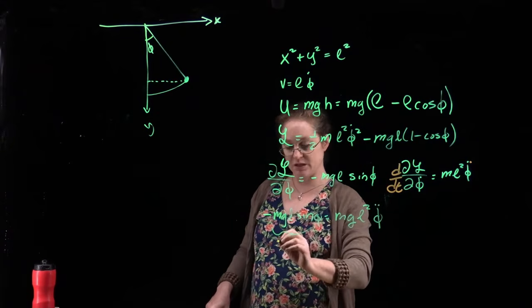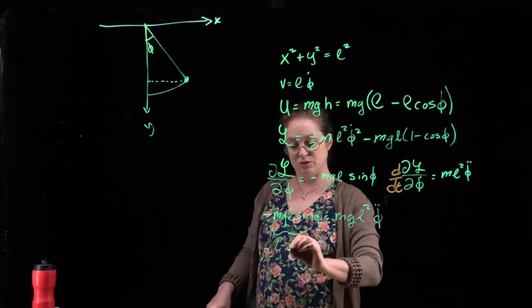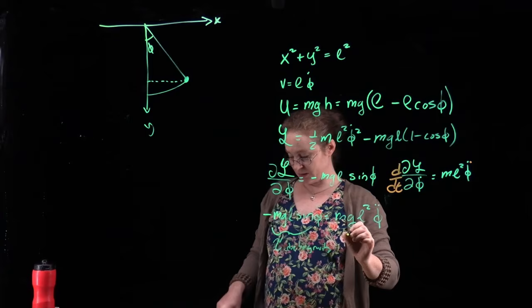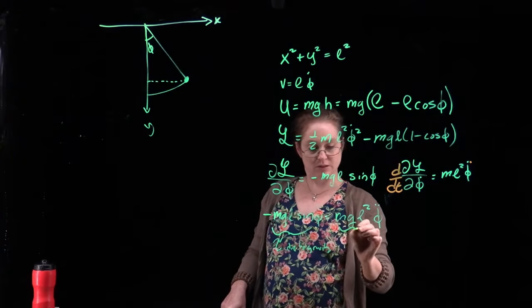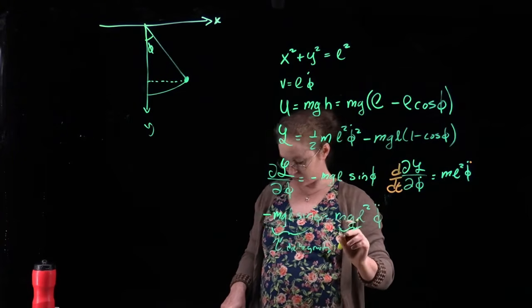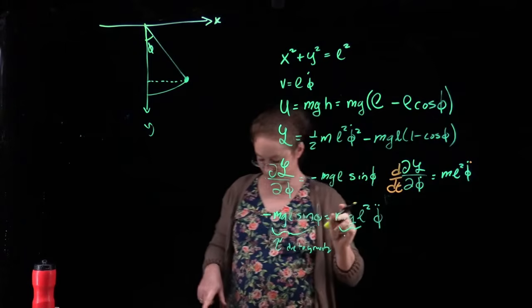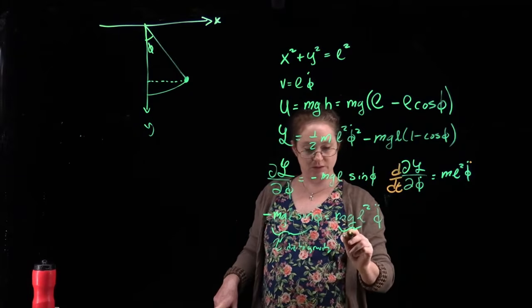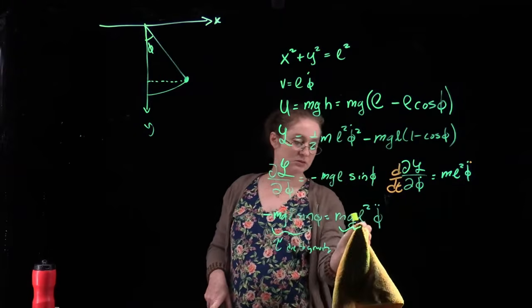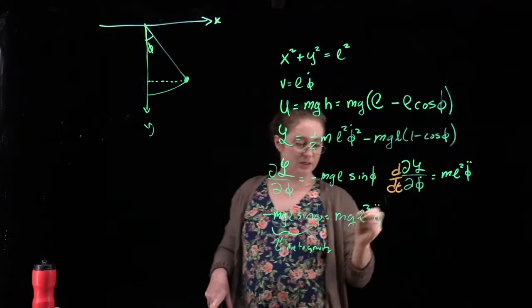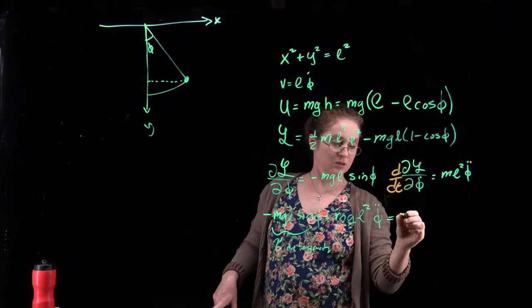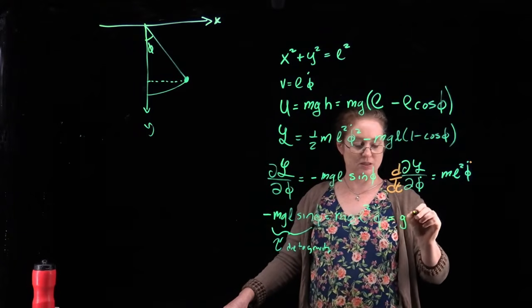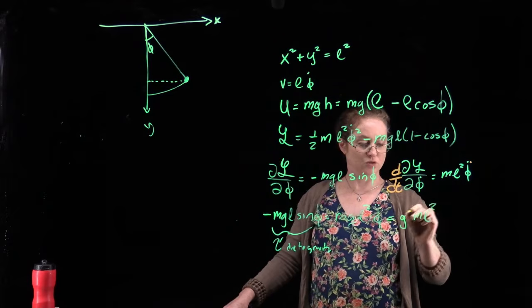This you can recognize as the torque due to gravity. And this is, let's see, I have an extra G times mL squared.